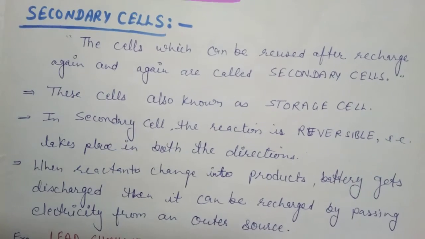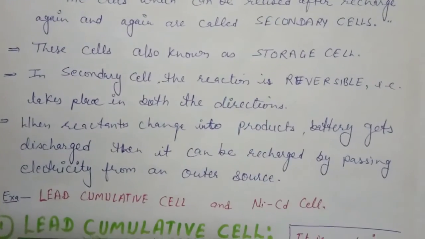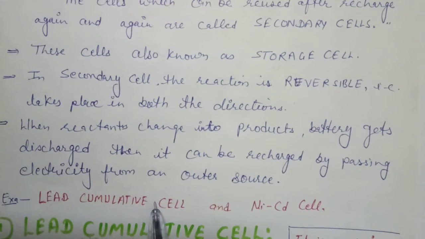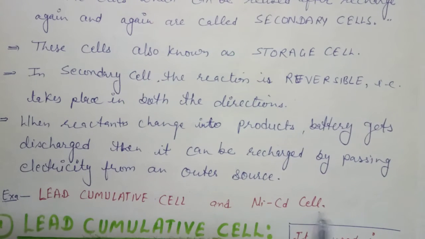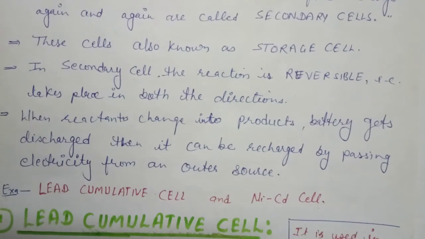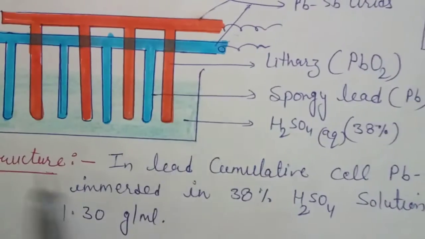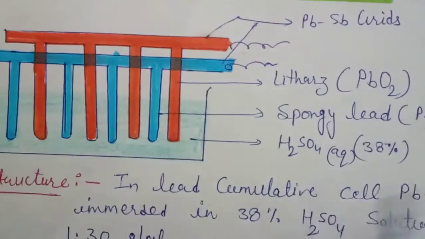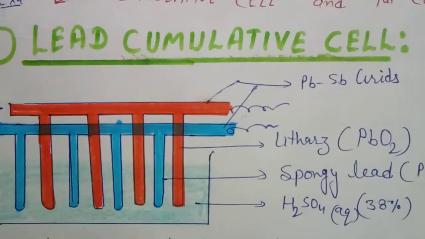Okay, now two examples have to be discussed here: lead accumulator cell, or we can say lead storage cell, and nickel cadmium cell. So first of all we will discuss the lead accumulator cell. See, this is the lead accumulator cell or inverter we use in our homes. What is this?